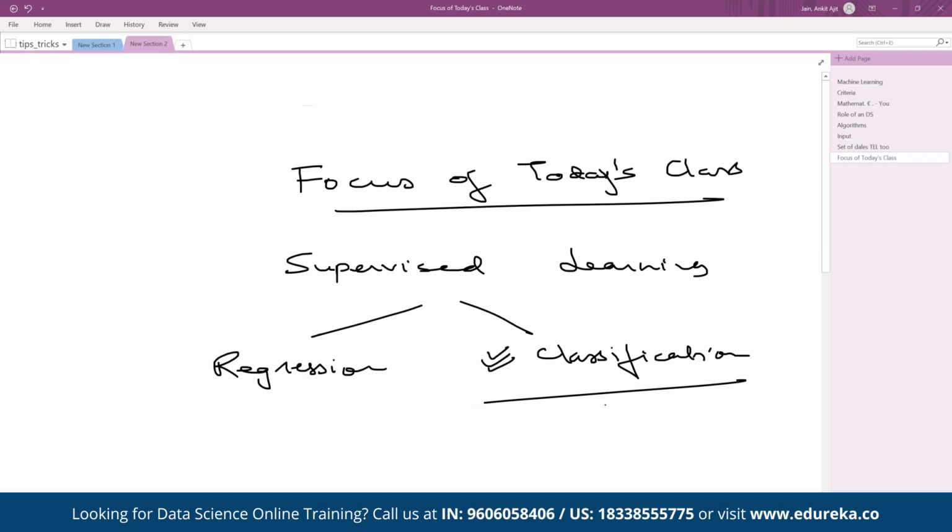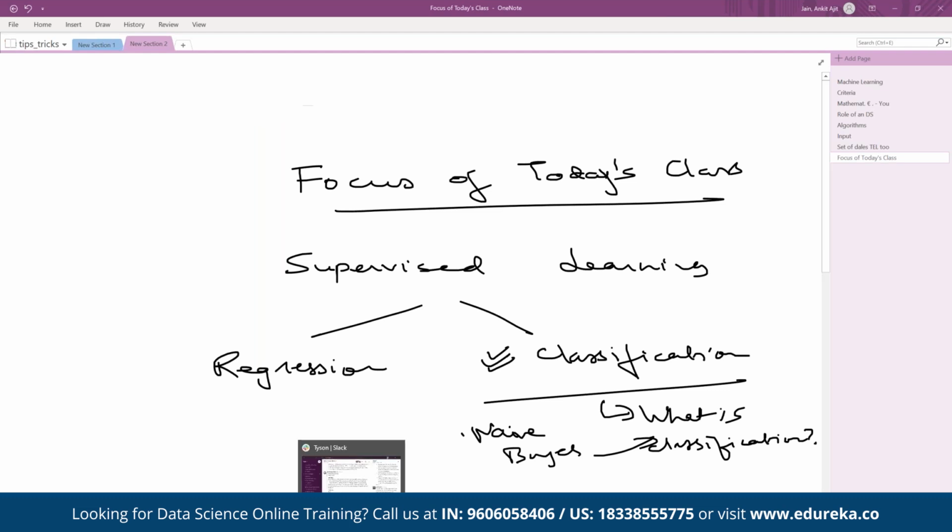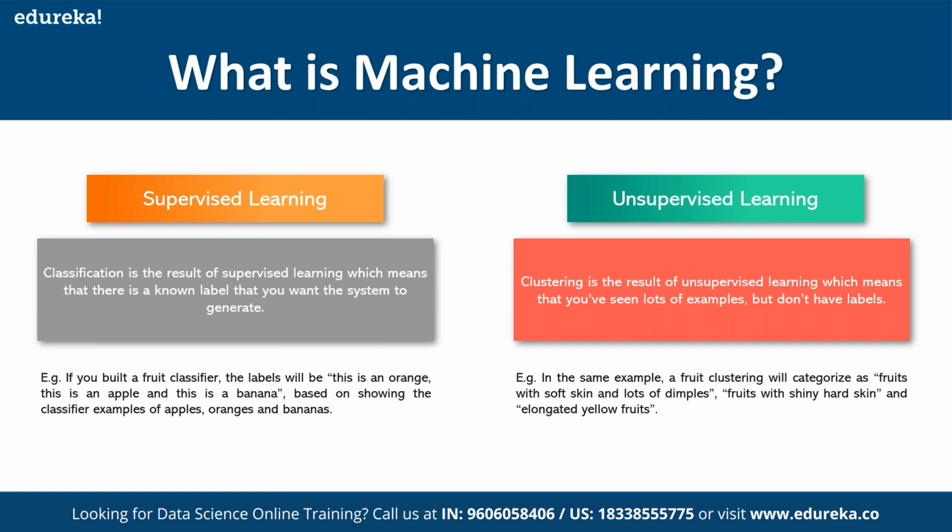So first, let me lay a foundation for you. What is classification? How Naive Bayes can be applied to classification. Is it clear? This is what we are here to understand. This is what I have explained till now: in machine learning there are basically three branches theoretically, but in general we say that machine learning consists of supervised learning and unsupervised learning.